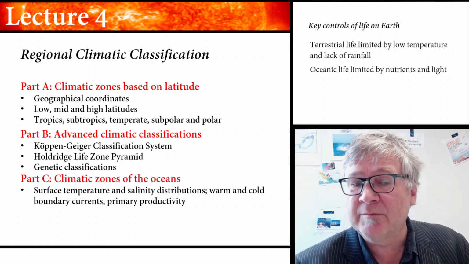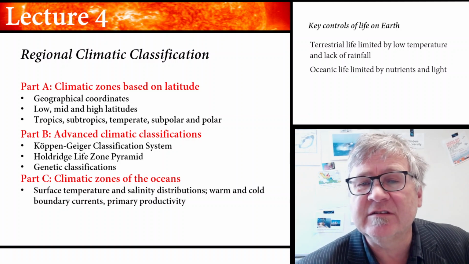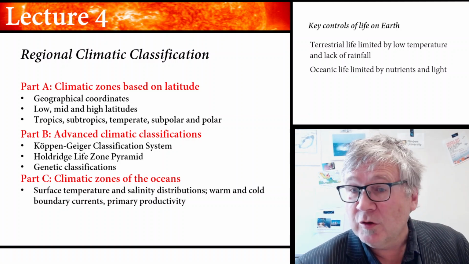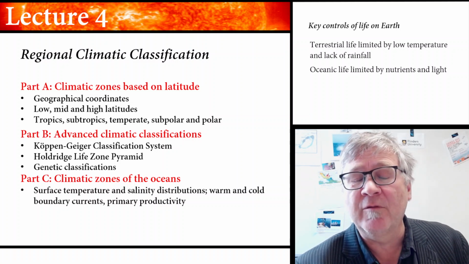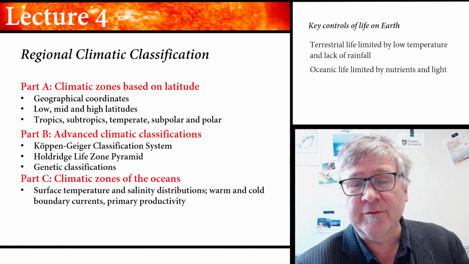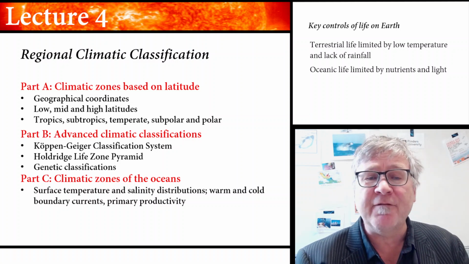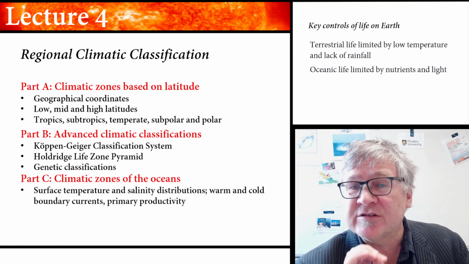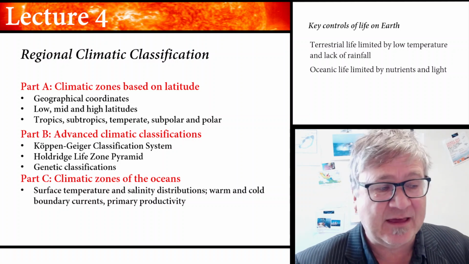Here in part B, I introduce you to the Köppen-Geiger classification system. Noting that terrestrial life is limited by low temperature and the lack of rainfall, and you already learned about different vegetation zones on Earth, the vegetation zones that we have are strongly aligned with this Köppen-Geiger classification system.